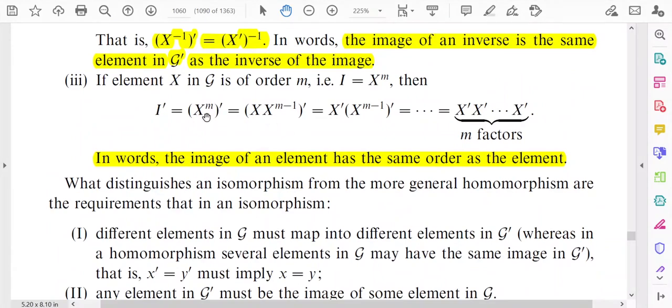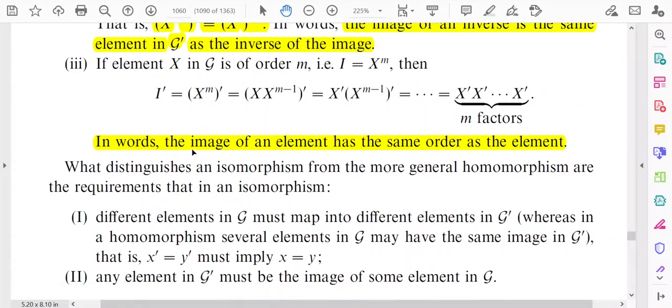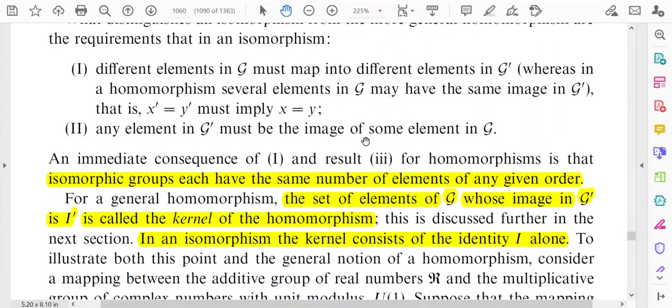Result 3 means here we have obtained that the image of an element has the same order as the element. So, we can say that if two groups are isomorphic, then each has the same number of elements of any given order.